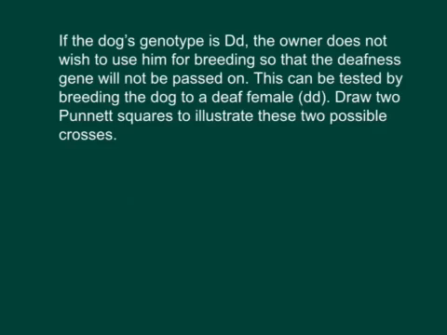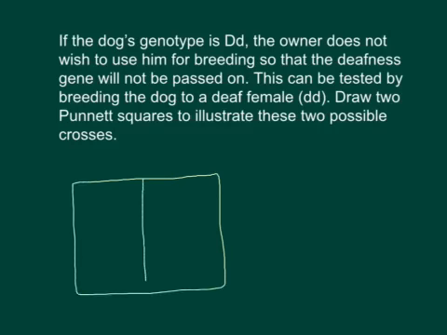To draw a cross, we need to first start a Punnett square, and in a monohybrid cross, we need a 4-box Punnett square. So it's a box with 4 little boxes inside. And up top is going to go the alleles for usually your male. Gilbert is the male.